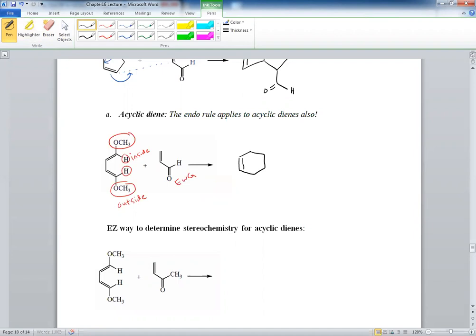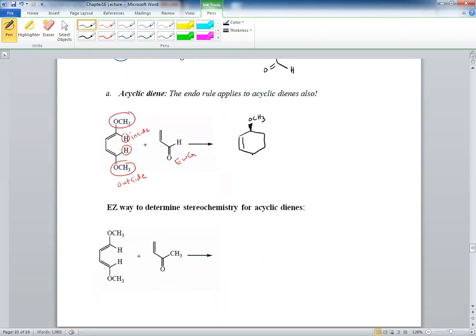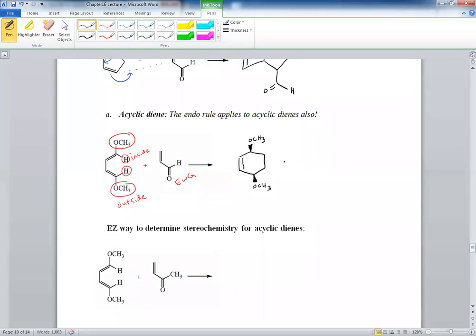So the product would be, again, here's our OCH3, OCH3. Notice how they are on the same side, along with the electron withdrawing group. There's no ring structure here, by the way.